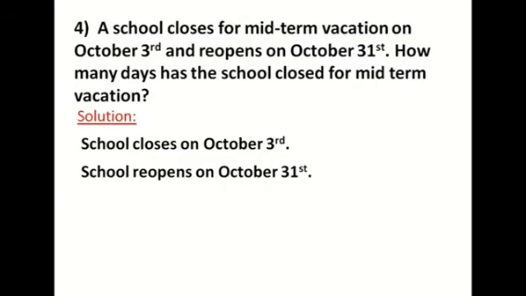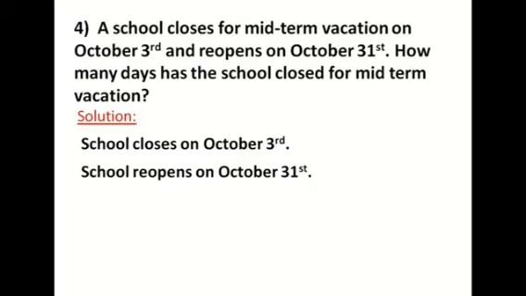If we start from 3rd, so 3rd, 4th, 5th, 6th, 7th, 8th, 9th, 10th, 11th, 12th, 13th, 14th, 15th, 16th, 17th, 18th, 19th, 20th. Then 21st, 22nd, 23rd, 24th, 25th, 26th, 27th, 28th, 29th, 30th.